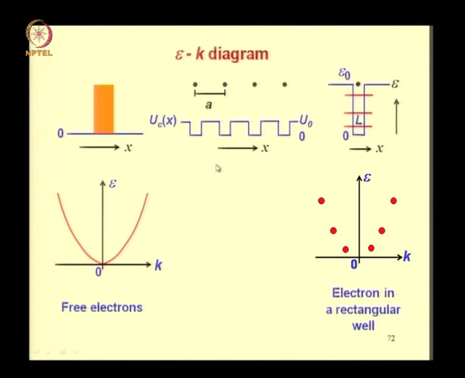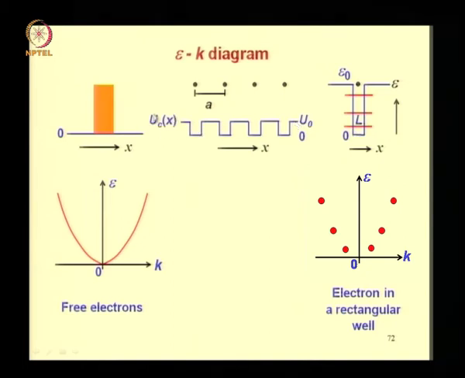Now we shall just introduce the picture for electrons in a crystal and stop this lecture, and we will develop the picture in the next class. So let me introduce the picture of electrons in a crystal. In a crystal you have a periodic potential that is approximated here by this rectangular U(x) line.